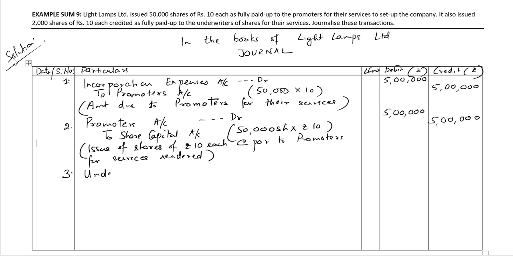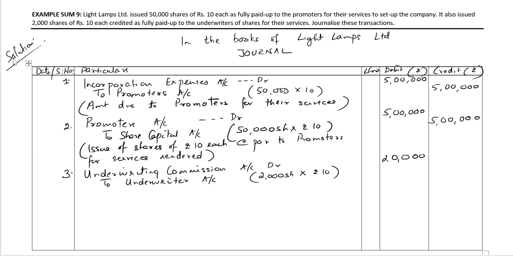So the third entry, underwriting commission account debit to underwriter account, amount due to the underwriters 2,000 shares multiplied by rupee 10 each, 20,000 rupees for amount due to underwriters for their services.